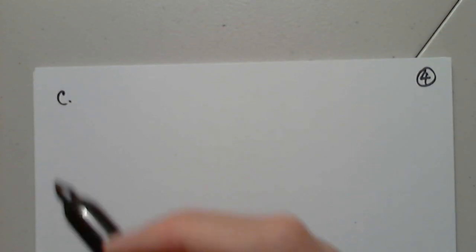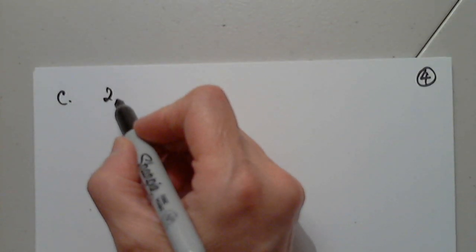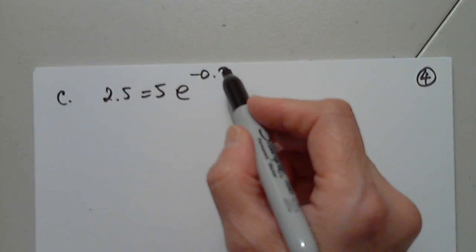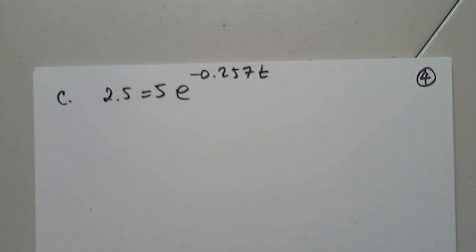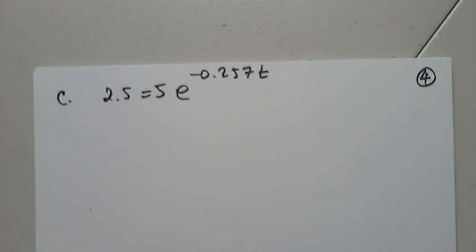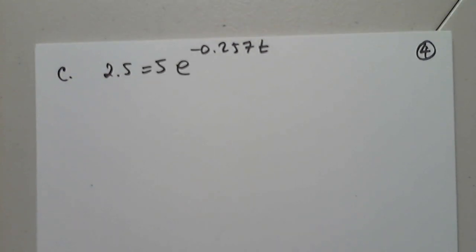What is half of it? 2.5. 2.5 equals 5e to negative 0.257t. So now we want to determine the time needed for the 5 milligrams to become half, 2.5. Perfect. Okay, so how do I continue? Same process over and over.